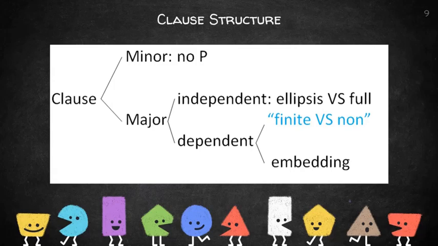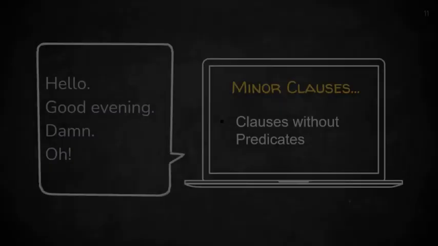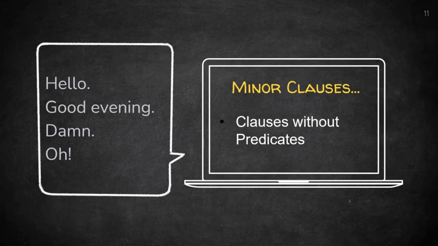It is divided into two, the minor one and the major one. We will first discuss minor clauses because this is simpler. Basically, minor clauses are clauses without predicate or subject, but they still convey a full idea, like hello, good evening, oh.